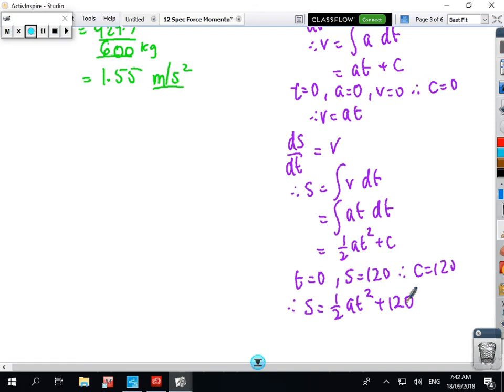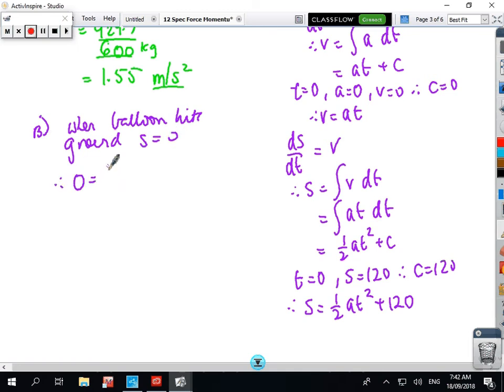Alright, now when the balloon hits the ground, displacement equals 0. So 0 equals a half times, now the acceleration was down, so we make that a minus 1.55 cos 19 times t squared plus 120.